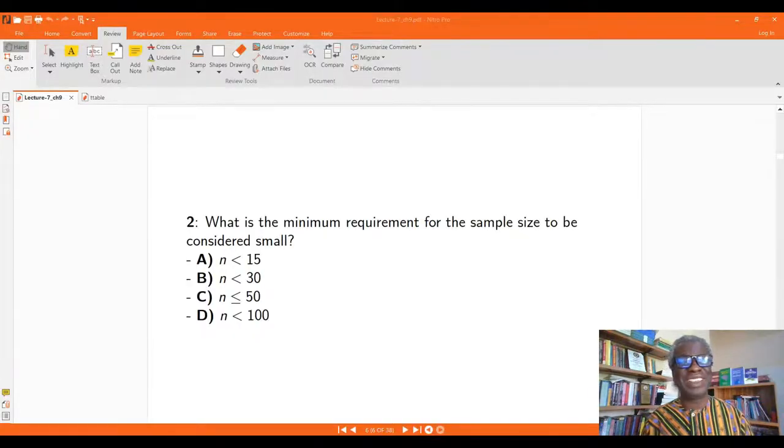What is the minimum requirement for the sample size to be considered small? N less than 15, N less than 30, N less or equals to 50, N less than 100.